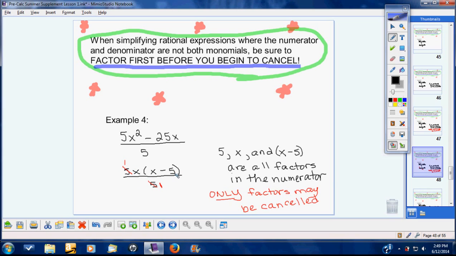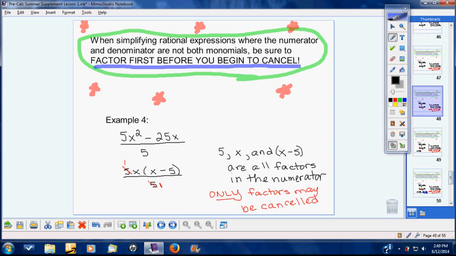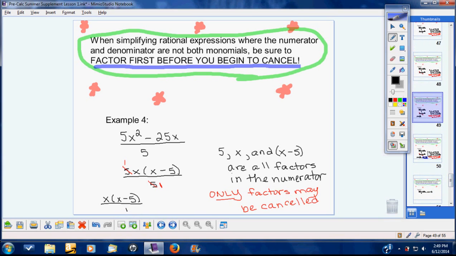This 5 and this 5 cannot. This 5 is only part of this factor. You have to cancel complete factors. Once you've done that, you get x times x minus 5 over 1, but you would never leave this 1 in the denominator. You want to clean it up to make it look as simplified as possible. So you'd put it as x times x minus 5, and that is your answer as far as being simplified.